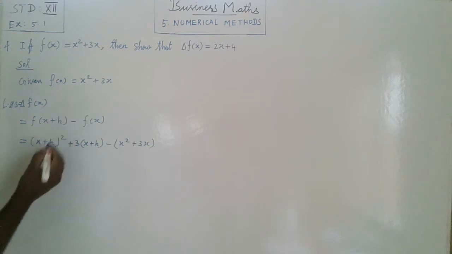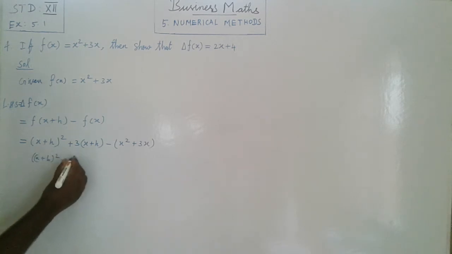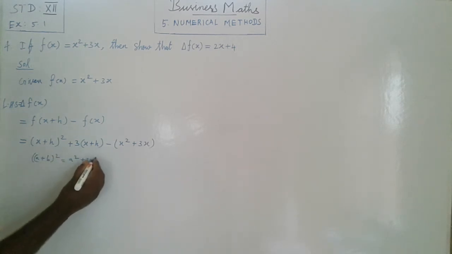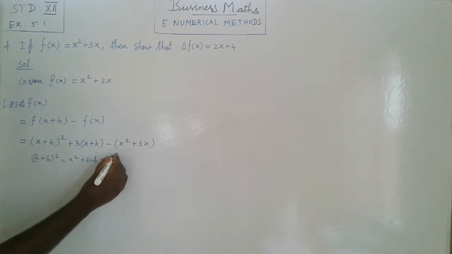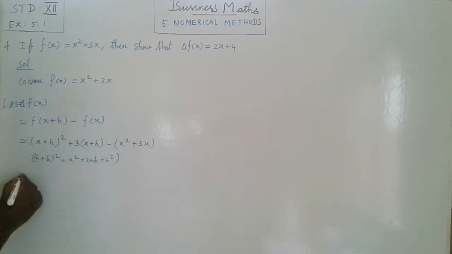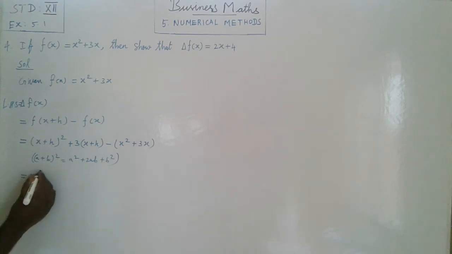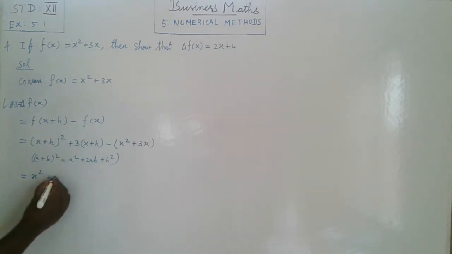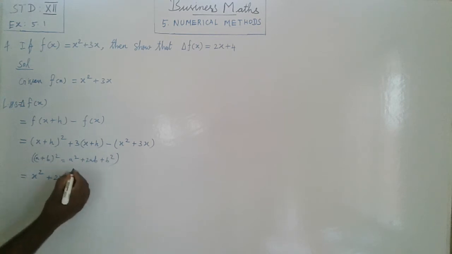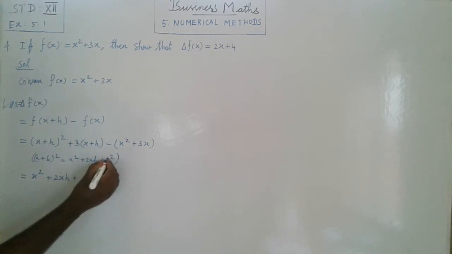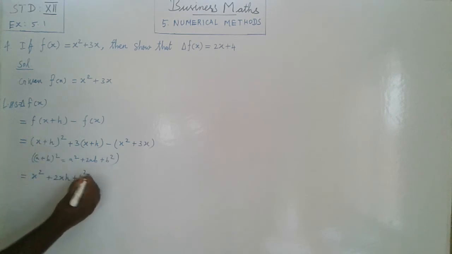So x plus h whole square, we know the formula a plus b whole square equal to a square plus 2ab plus b square. So we should substitute this formula. A is x, b is h. Then a square is x square plus 2ab, 2 into x into h, 2xh, plus b square, h square.